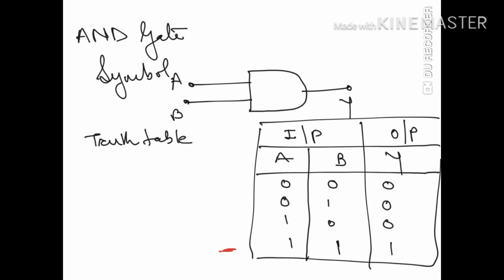Now, a dot is used to show the AND operation. So here we write Y is equal to A dot B. This is how we represent the AND gate.